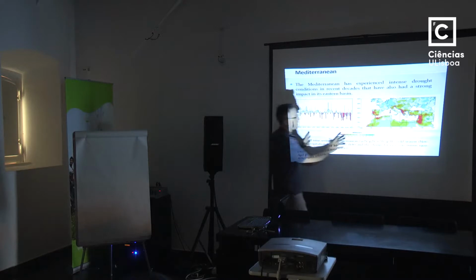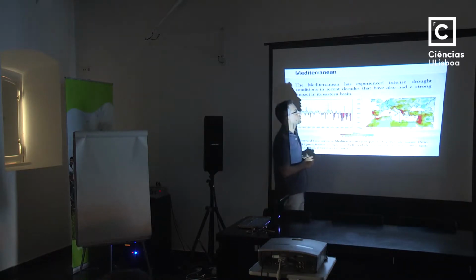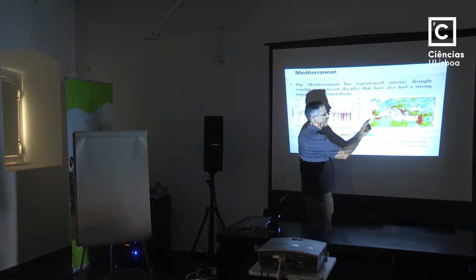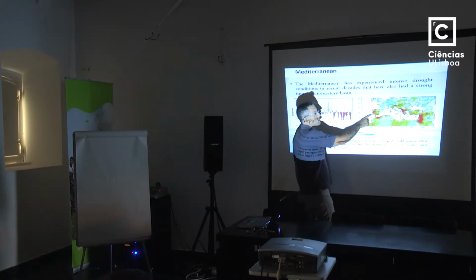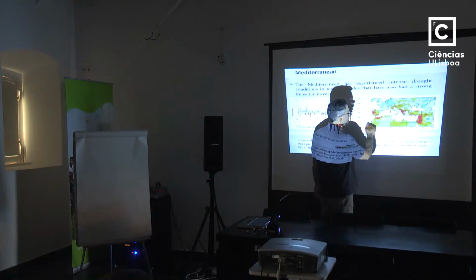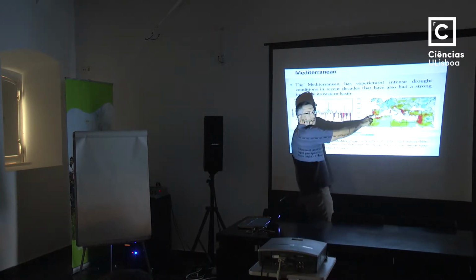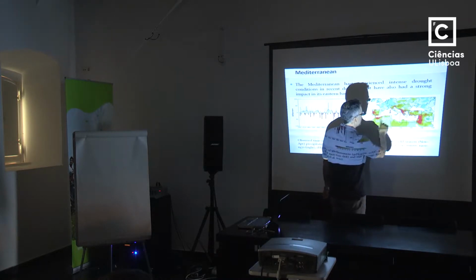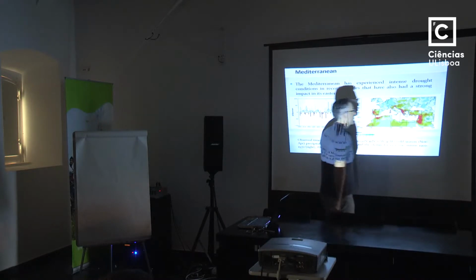And if you take a spatial distribution of this rainfall decline, you will see that some areas are very red. This part, Portugal, we are here, right? Okay, so we are within this range. And parts of northern Africa, but also parts of the Eastern Mediterranean.